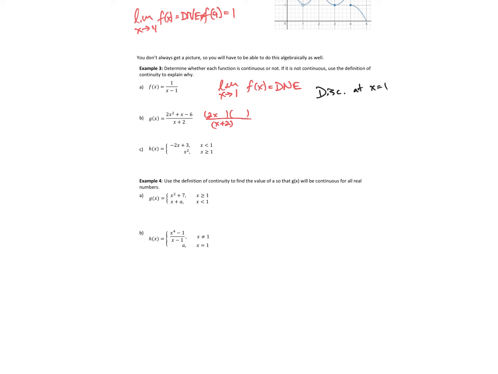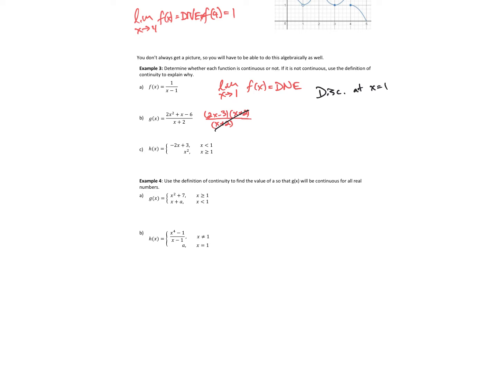Factor to 2x minus 3x plus 2. Very good, guys. All right, so what happens here? My x plus 2's cancel to make a simpler function, right? So where might my problem area lie here? At x equals negative 2.